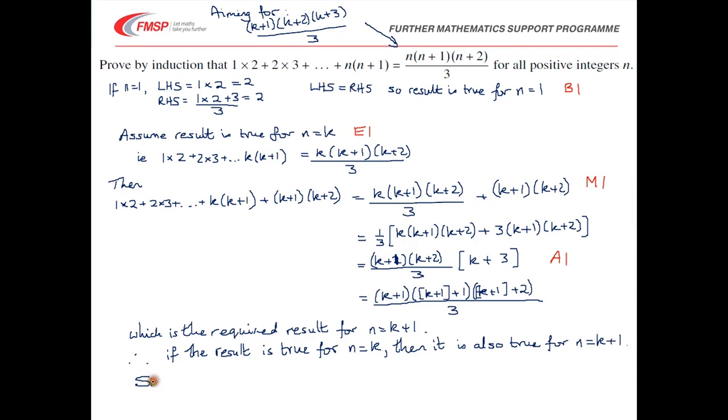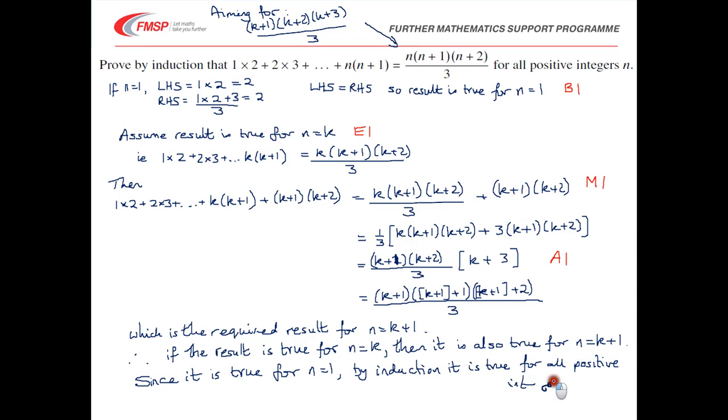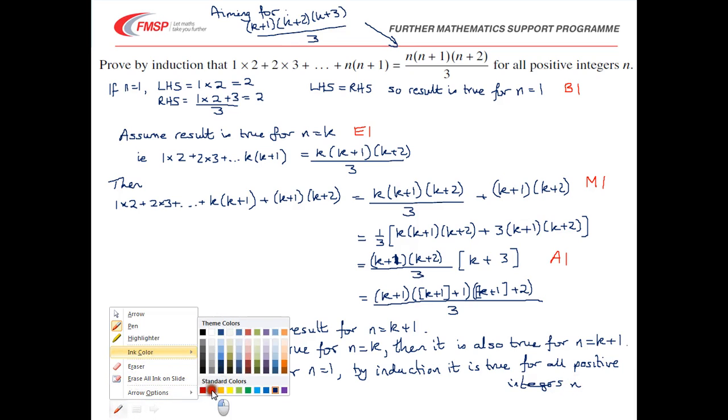Since it is true for n equals 1, by induction it is true for all positive integers n. And there are 2 marks for that final bit.